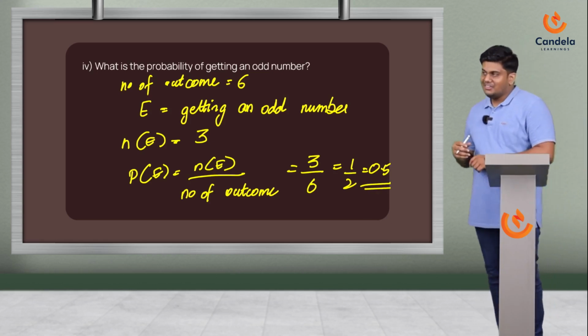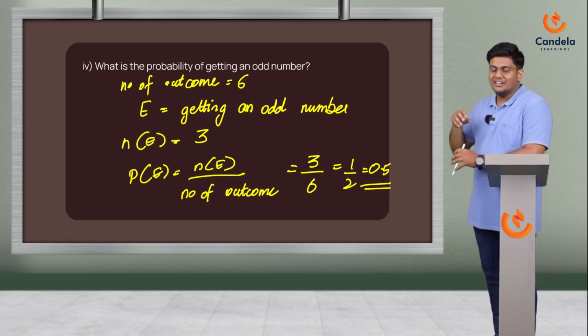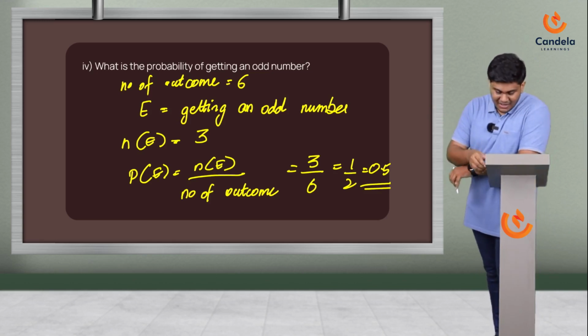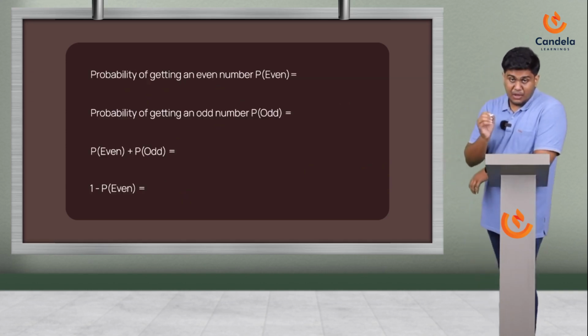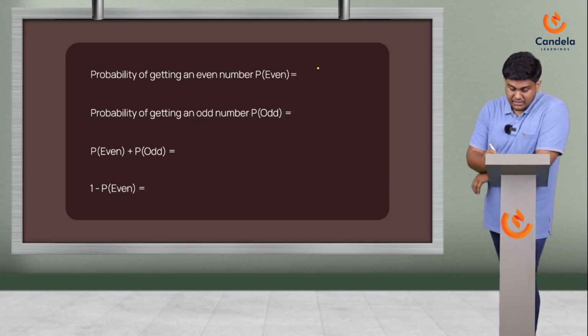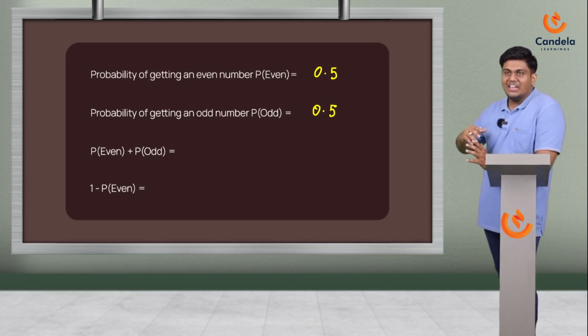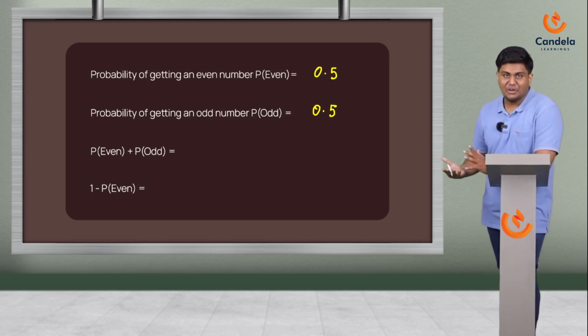Now, this again has thrown us a very interesting question. The probability of getting an even number, P of E, is 0.5. Probability of getting an odd number is again 0.5. Now, we almost say that even numbers is the opposite of odd numbers.